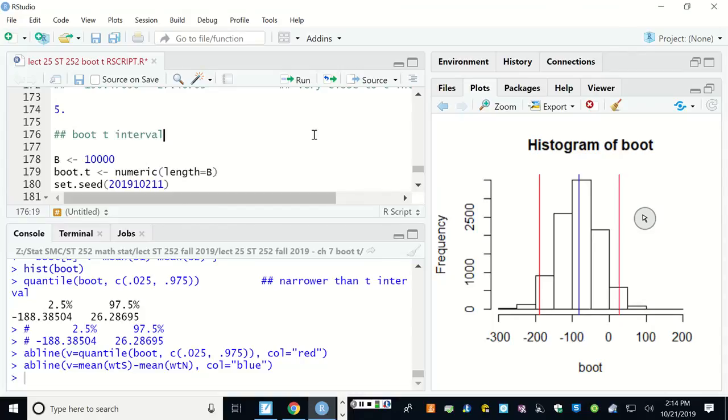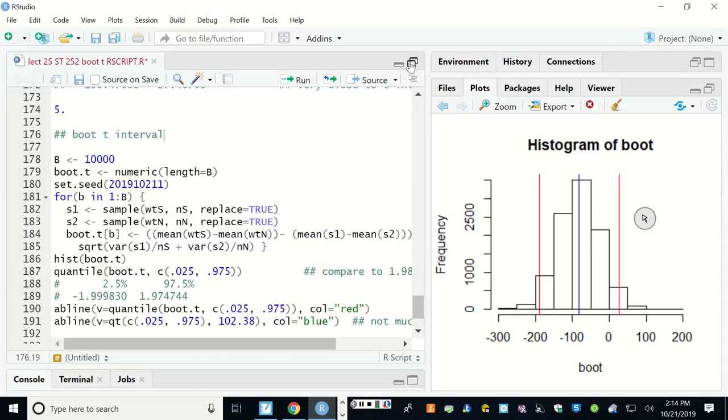And now our bootstrap t-interval. We're going to do it a certain number of times. We're going to store those t-values we're going to simulate. We resample from the first group, resample from the second group, and then this is the thing we have to compute.